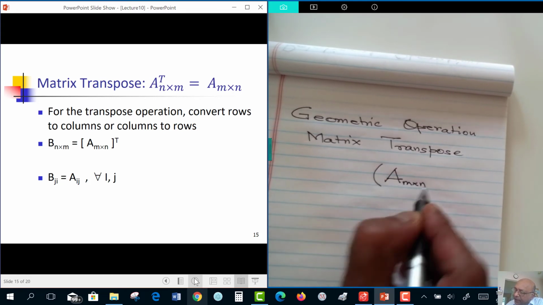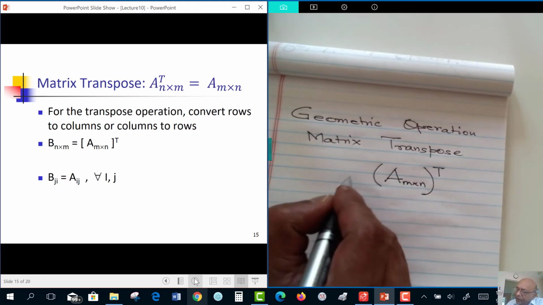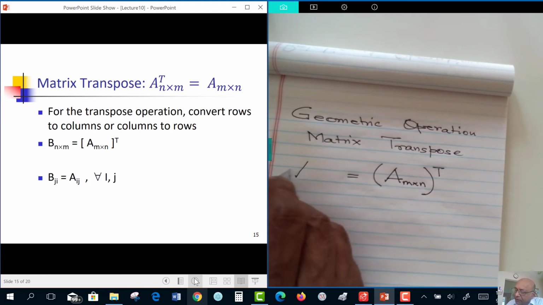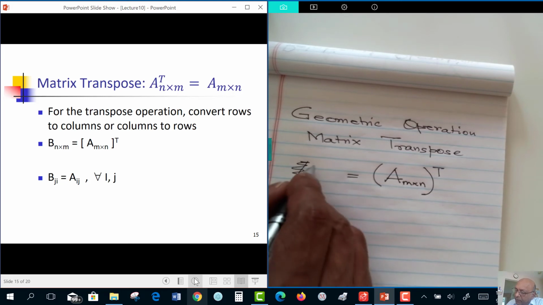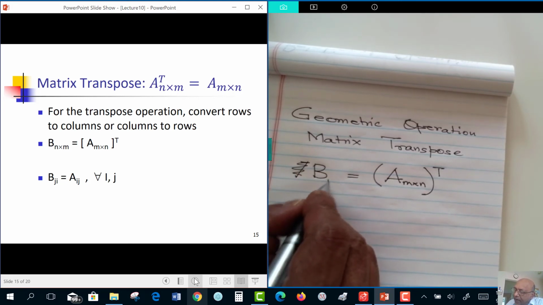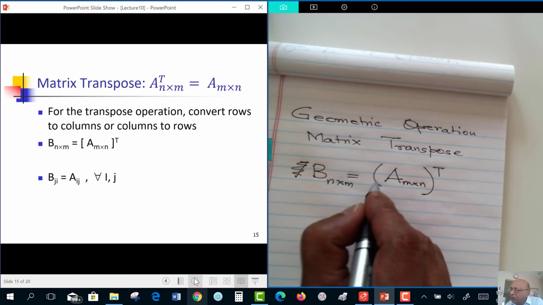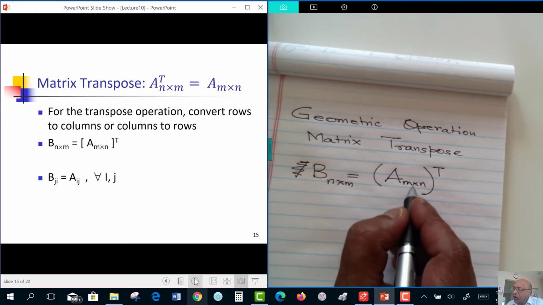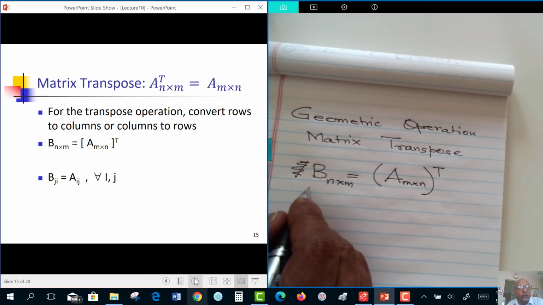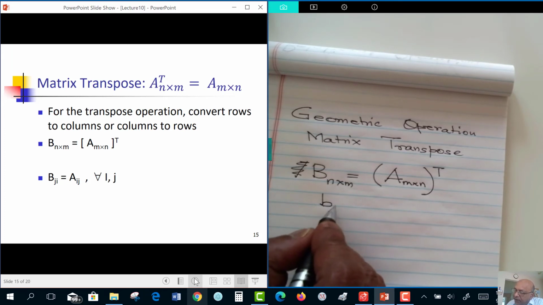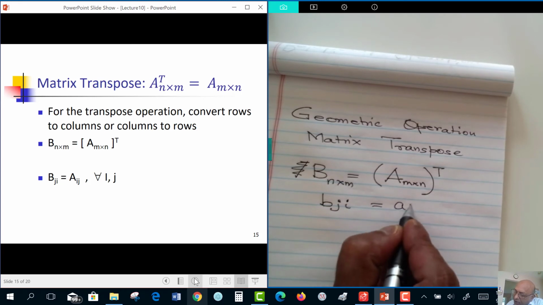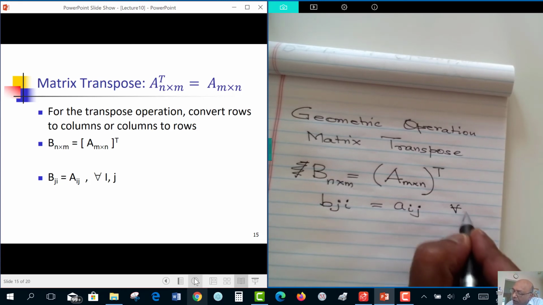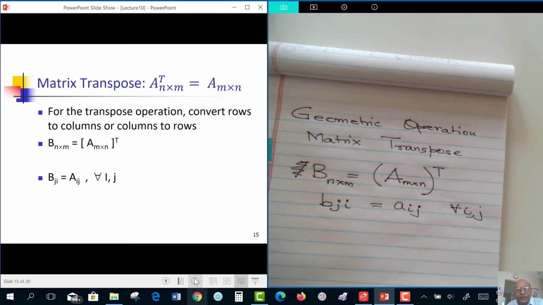So what we do is we take its transpose. So when we take its transpose, we get a matrix B, which is n by m. So whatever were the rows of A, we make them columns of B. Whatever were columns of A, we make them rows of B. So what we are saying therefore is Bji is equal to Aij for all ij combinations.